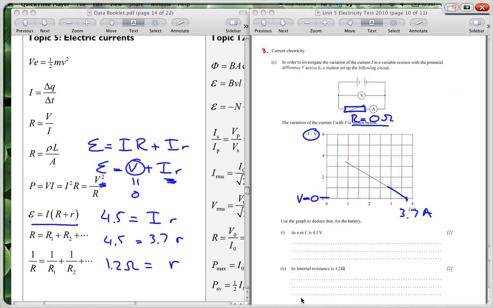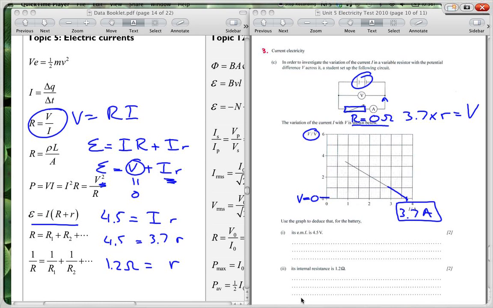So therefore, the V across there is going to be 0, and you're going to have a very large current, the maximum current that you can have of 3.7 amps. And that 3.7 times your resistance in here would equal your V from this formula. V is equal to R times I, or I times R. And so we get two different ways of working out this 1.2.